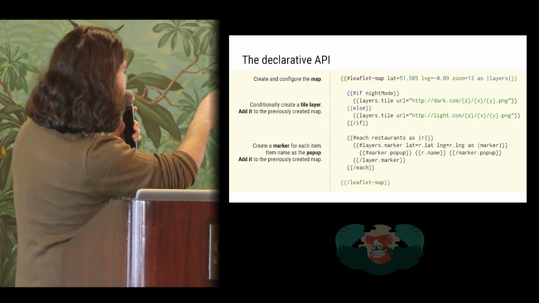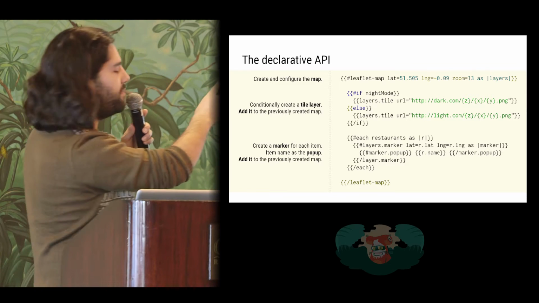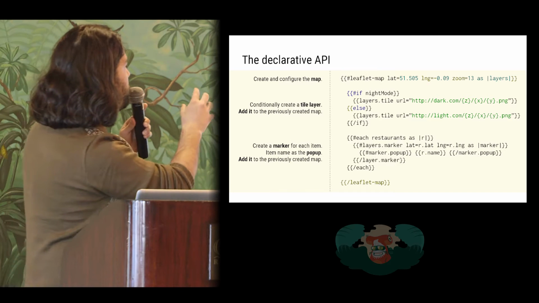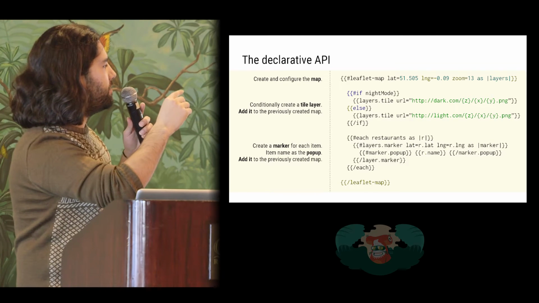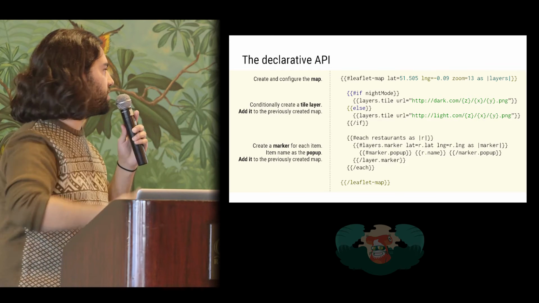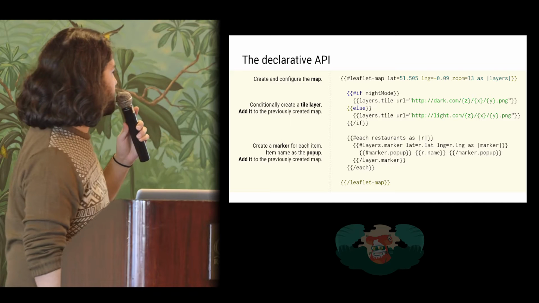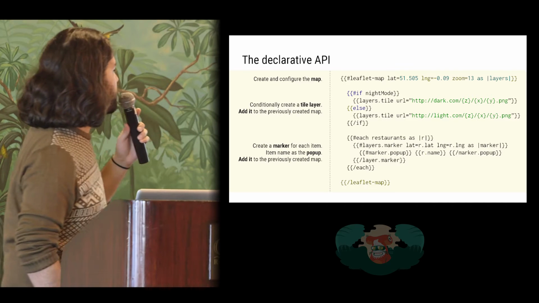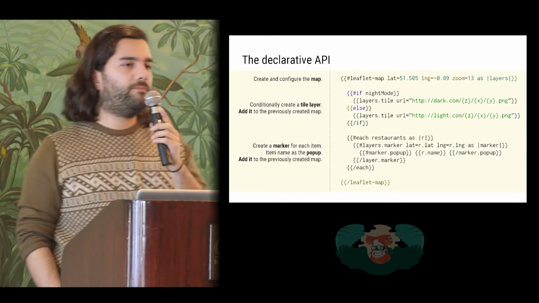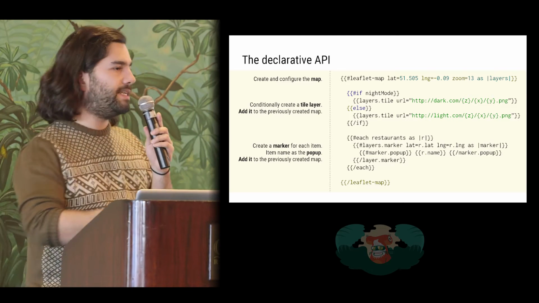These components, nested in the leaflet map, should be rendering the tile layers in that case. They should be adding them to the leaflet map as well. Here we're iterating the restaurants array again and creating a marker layer for each restaurant, and also creating a pop-up nested in the marker.